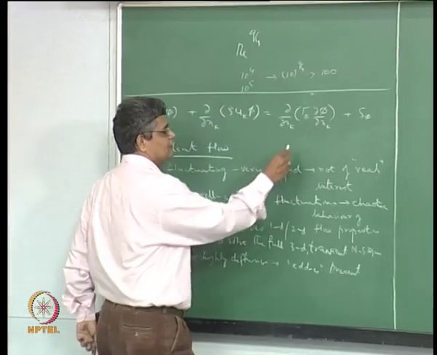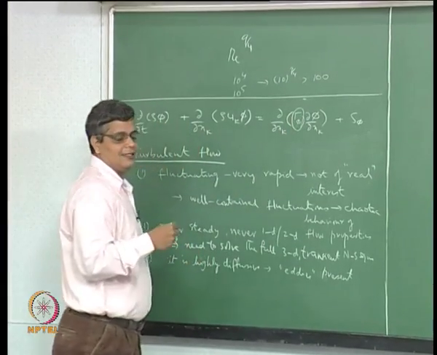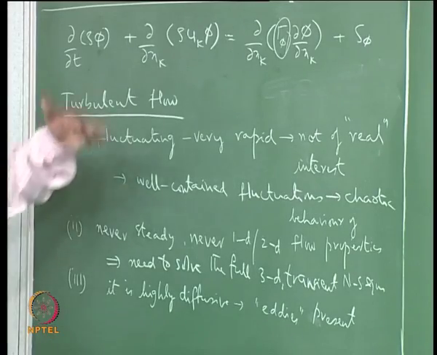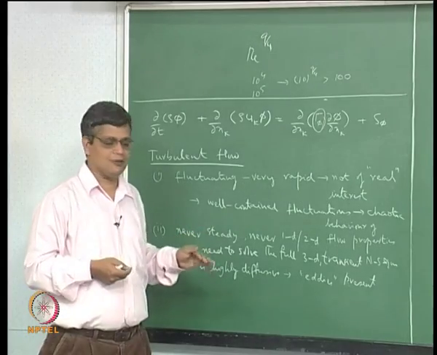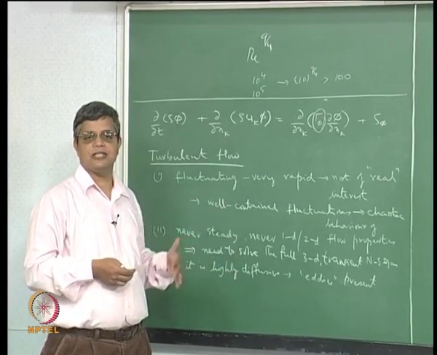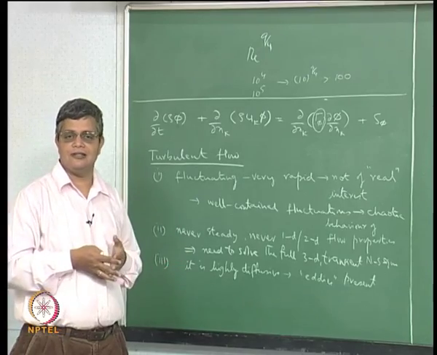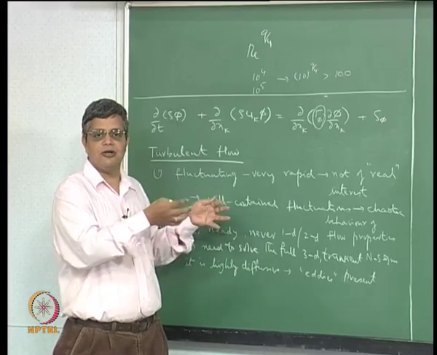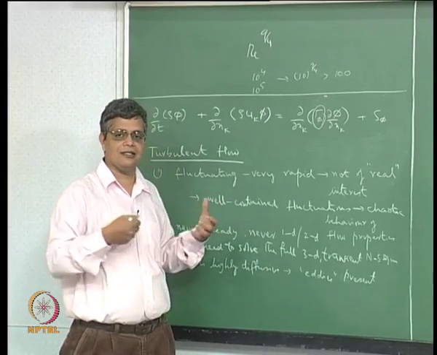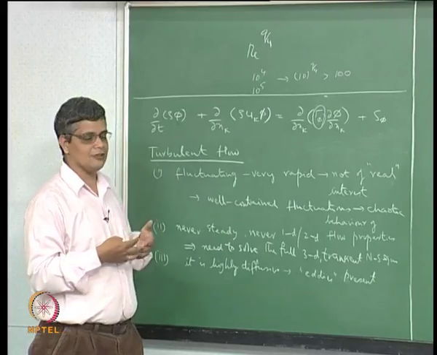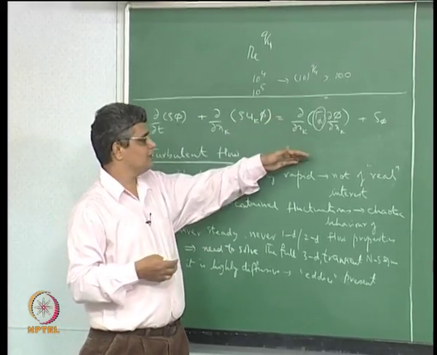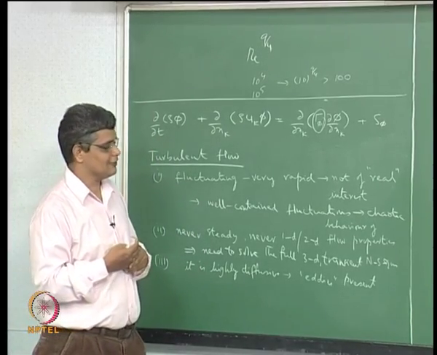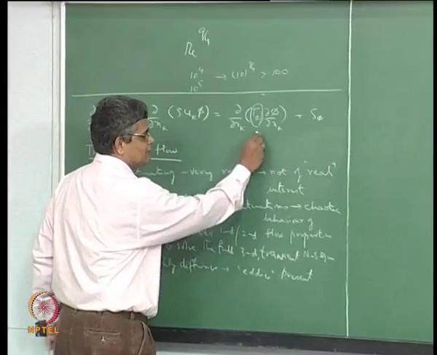So this diffusivity, which is essentially done by molecular type of mechanisms in laminar flow, is now aided by gross fluctuations, these eddies which are much larger than the molecular distances and mean free paths. Okay, so these eddies act like mini molecules, mini atoms, and they interact with each other, and therefore they give rise to the turbulent transport properties like diffusivity of heat and momentum and mass and all that. So they directly play into these equations.